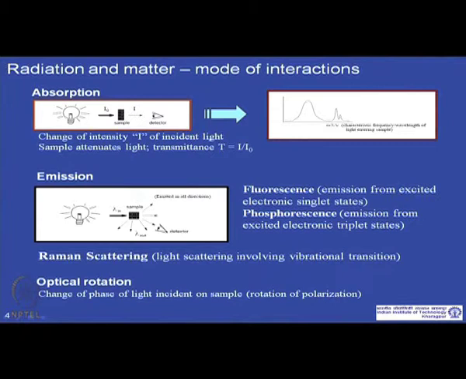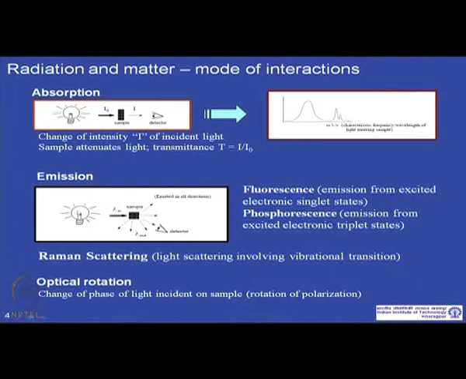So, basically matter can interact in two or three ways with the radiation. It can absorb, and when it absorbs, the intensity can change from I0 to I. So, you can plot transmission or absorbance versus wavelength, and find out at which wavelength it is absorbing maximum and so on.